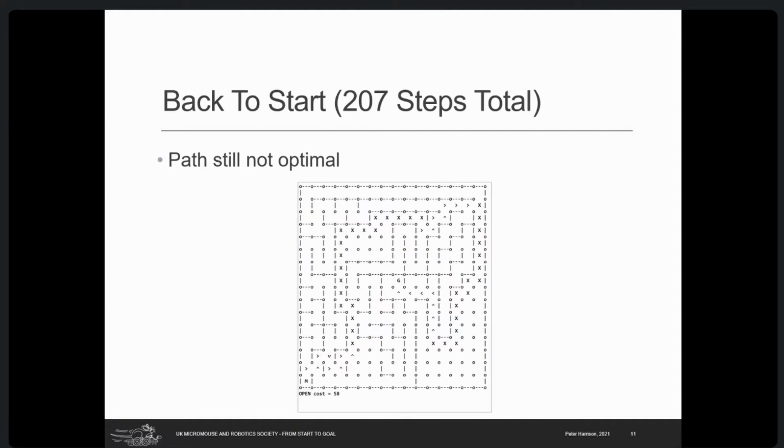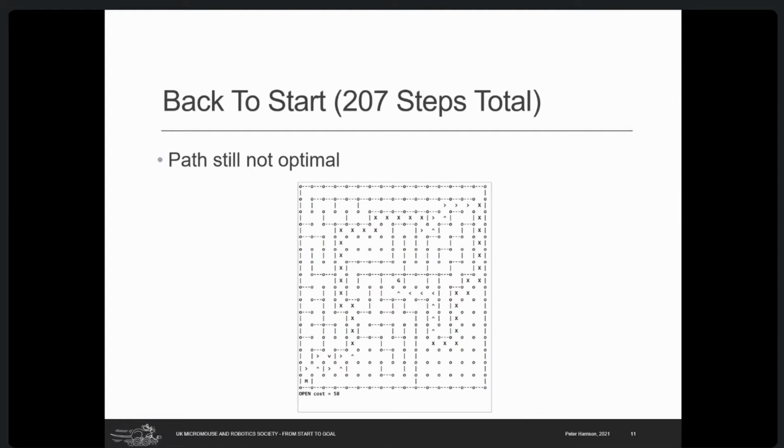Now, there are other strategies you can use at this point. Some people choose to do a run now with an algorithm that only uses explored cells. After all, there must be a route, and it probably is better than the one you first used. So you could choose to get a speed run in now so that you can get some points before you eventually crash or whatever your problem might be.